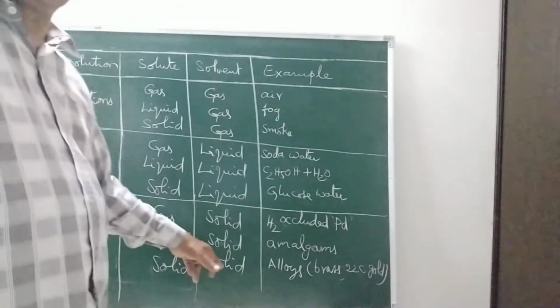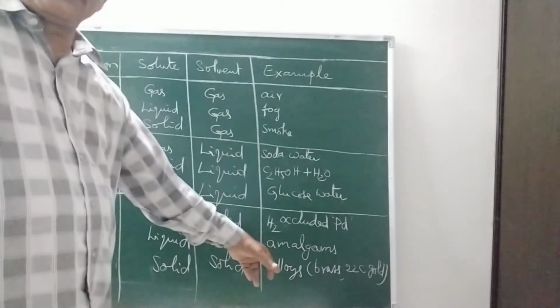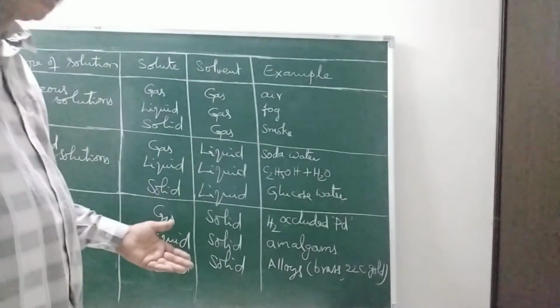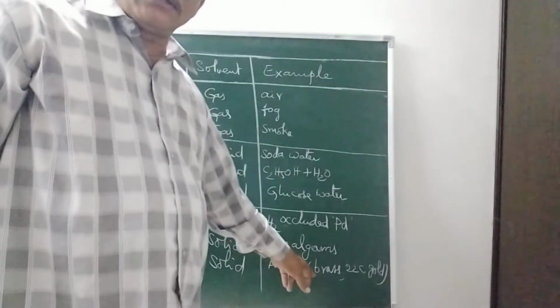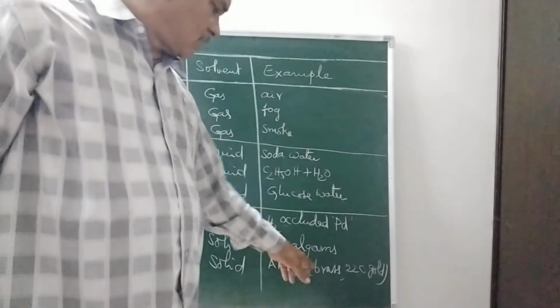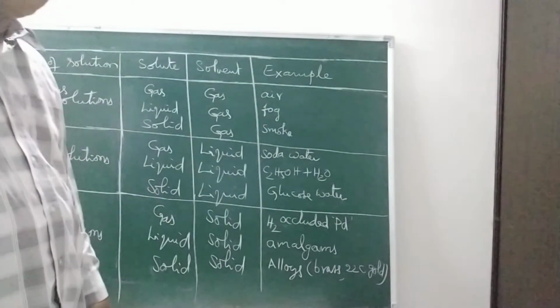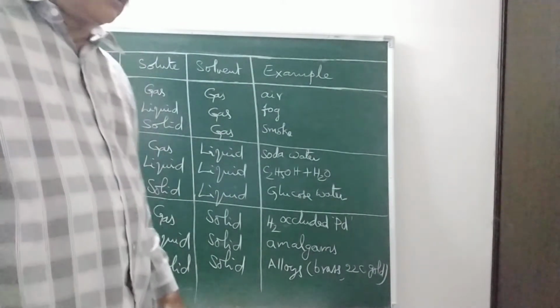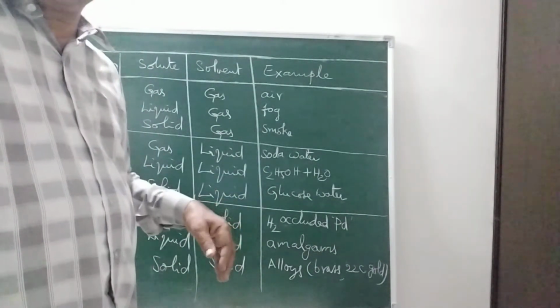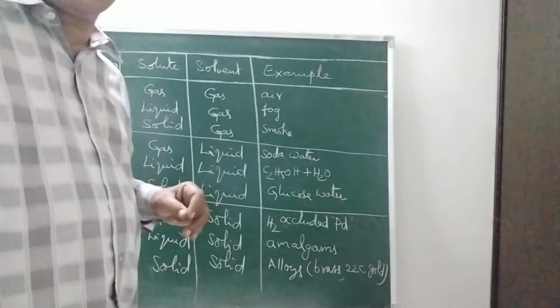Solid in solid type. Of course, already we mentioned that one. Alloys. Alloys are homogeneous mixtures of 2 or more metals. Example, brass. In brass, copper and zinc are present. Both are solids. And 22 carat gold. Pure gold is called 24 carat gold. To convert it into ornament, some copper is mixed.